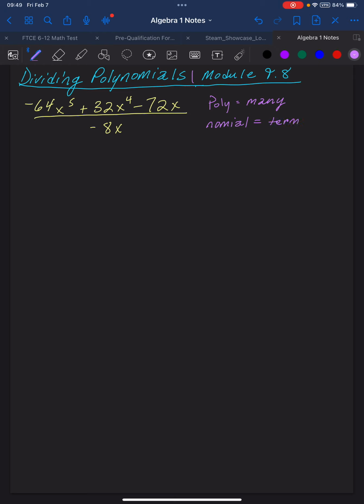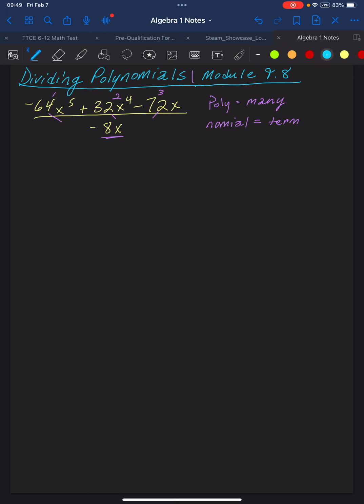So that means we have more than one term. If you notice here, we have 1, 2, 3. This is a trinomial. When we do these types of problems, you don't have to, but if it makes it easier as you learn it, you're going to divide each of these terms by what's in the denominator. What's in the denominator? Negative 8x. So I will have 3 separate fractions. I can break it up that way.